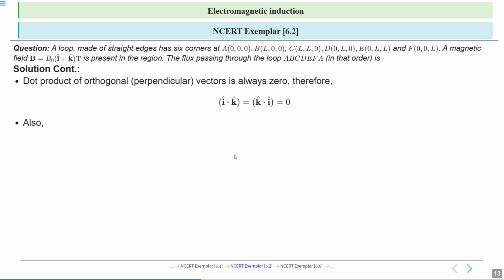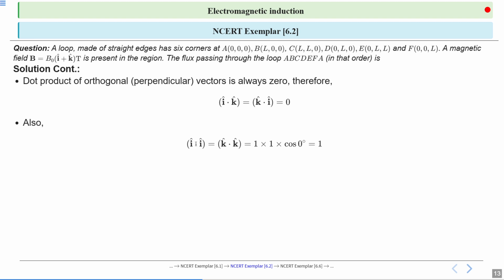Also I cap dot I cap, the dot product of the same vector with itself, and K cap dot K cap, will result in the magnitude of I cap. Since I cap is a unit vector, the magnitude of a unit vector is unity, 1.